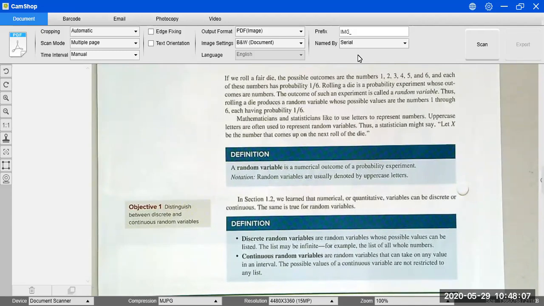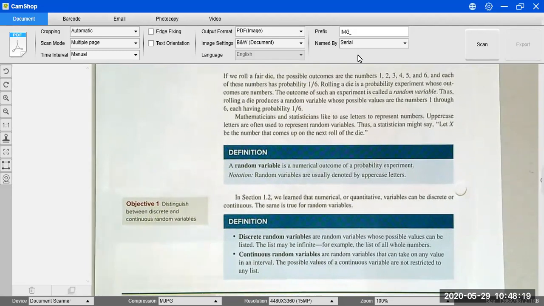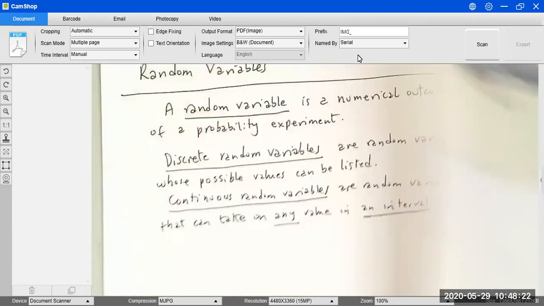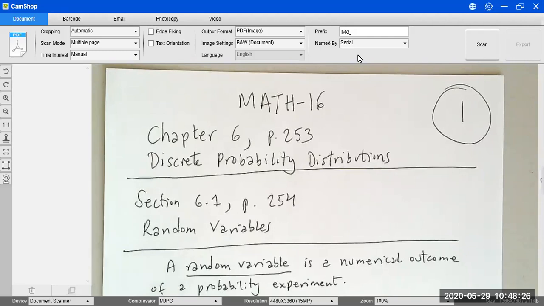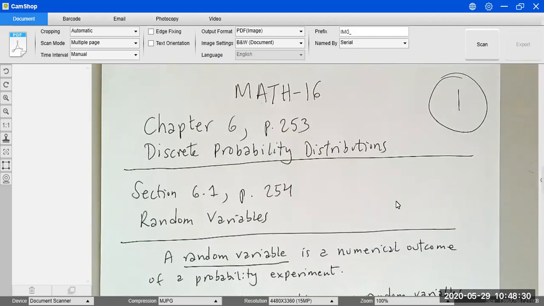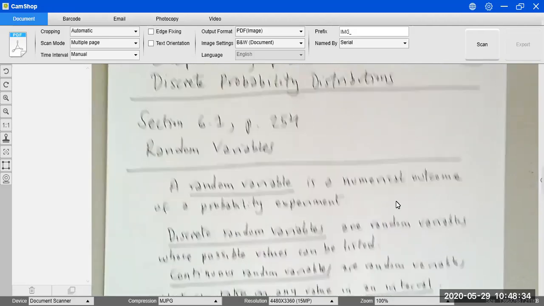Discrete random variables are random variables whose possible values can be listed. Continuous random variables are random variables that can take on any value in an interval. So we have here in our notes the definitions of a random variable, discrete random variables, and continuous random variables.